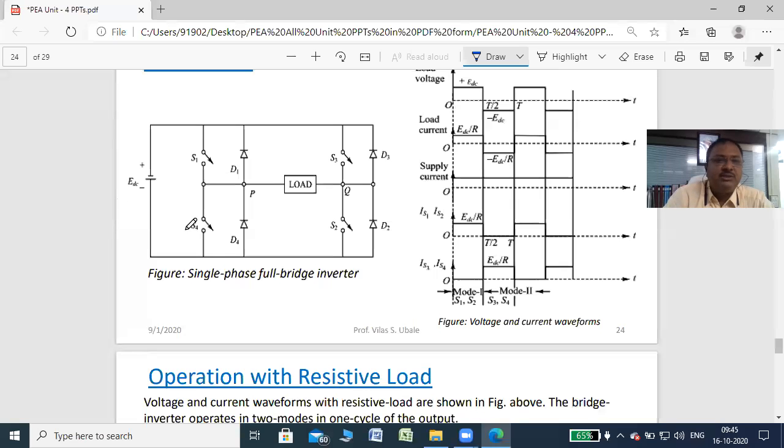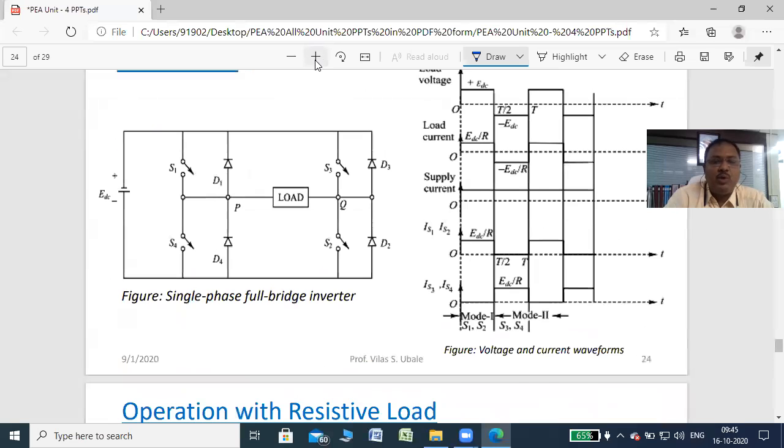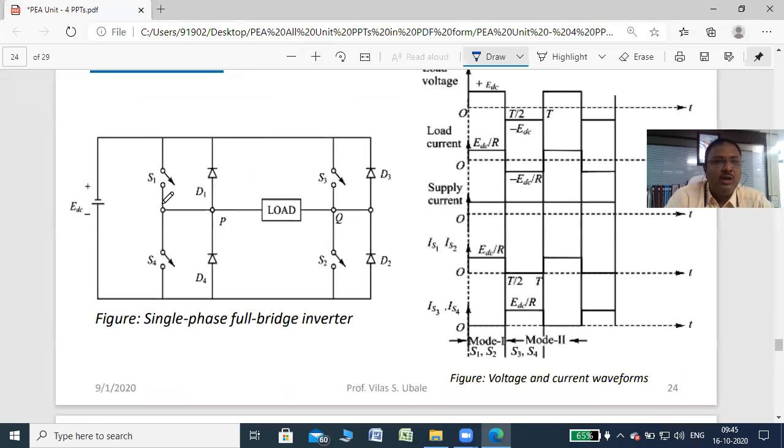Keep in mind, this is S1. I don't know whether you have seen it properly or not, but this switch is called S1. This is S2. This switch is S4. So if switches in the same arm are turned on, then no current flows through the load. Your current flows through only this particular loop, right?